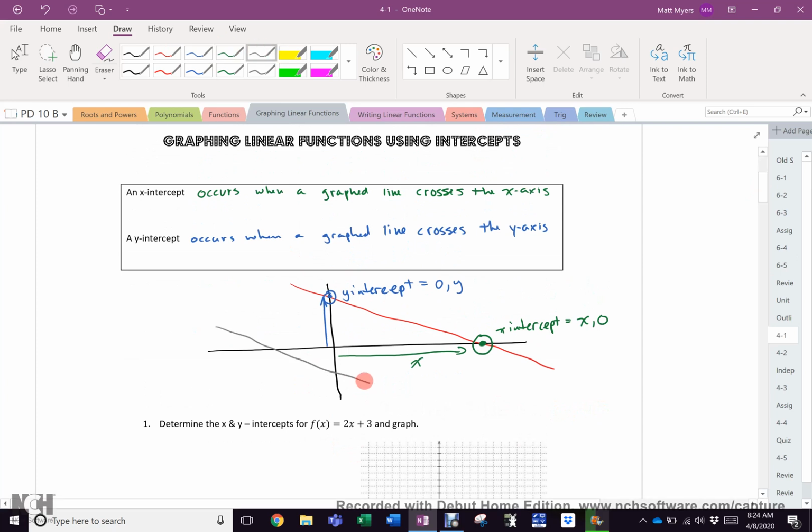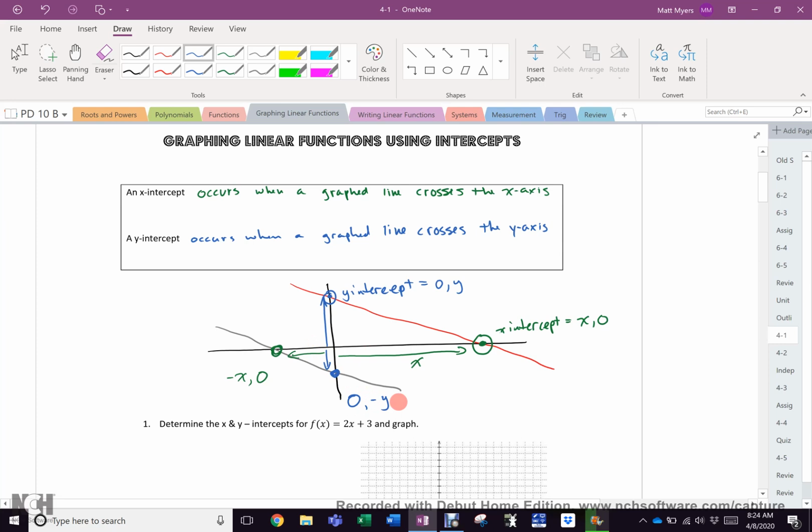Put that gray one right there. There is my x-intercept. Well, it's got a negative x value, but it's still 0 on the y's. There's my y-intercept. Well, it's got a 0 x value because it didn't move side to side, but it's got a negative y value.